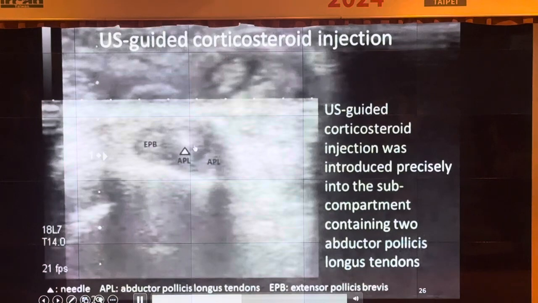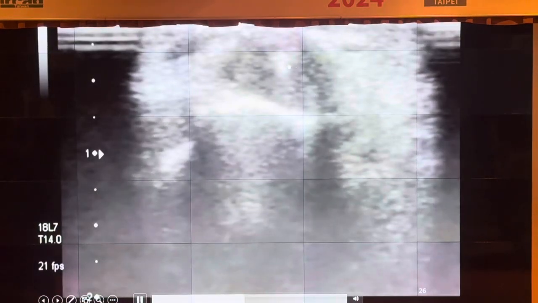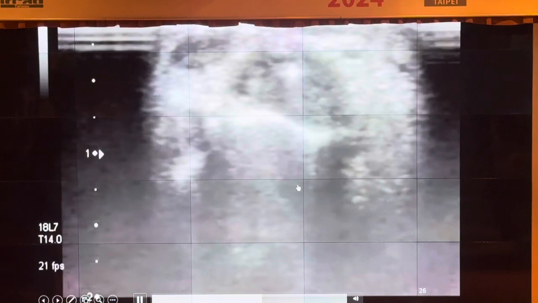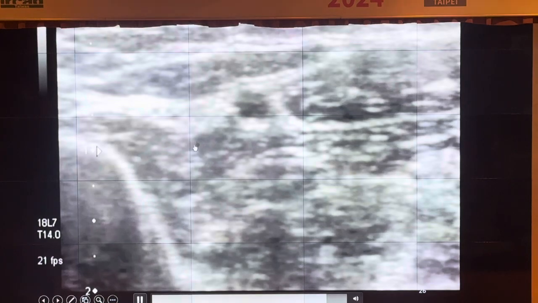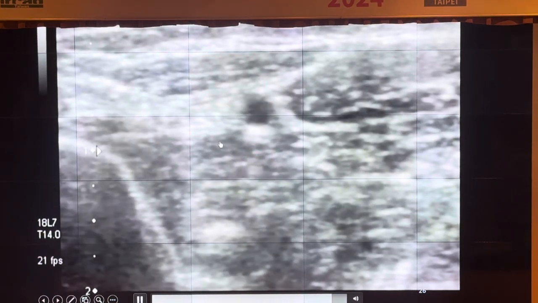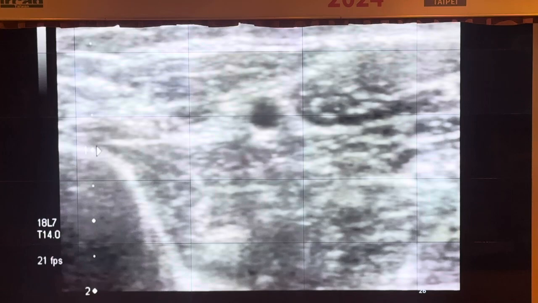So later we gave the patient dynamic ultrasound guidance injection to the first compartment. After that, the tendon became less swollen, but the patient still had some neuropathic symptoms. So finally, we gave the patient an ultrasound-guided superficial radial nerve block, and after that, the patient said her symptoms were totally gone.